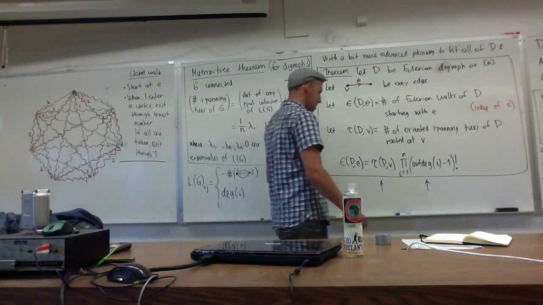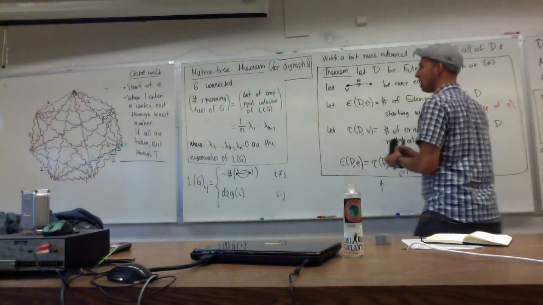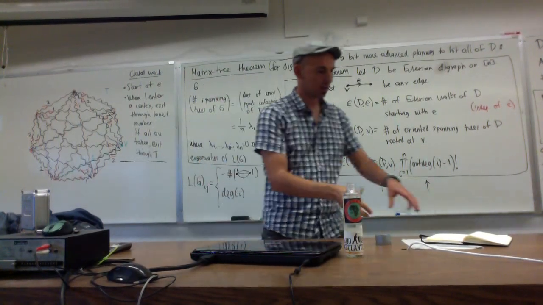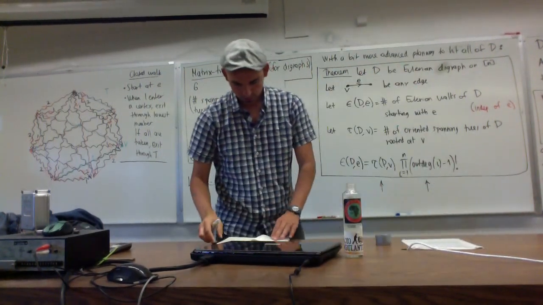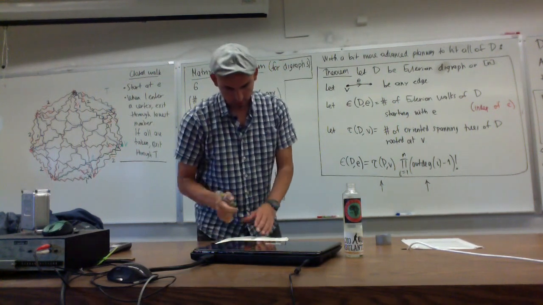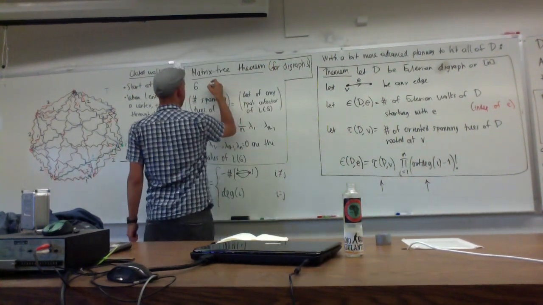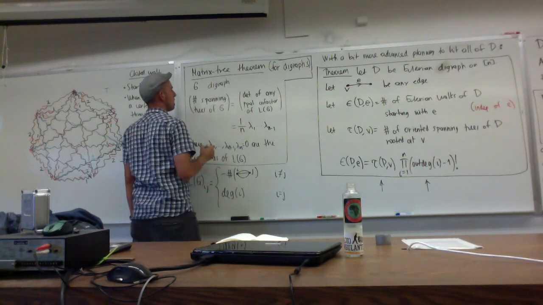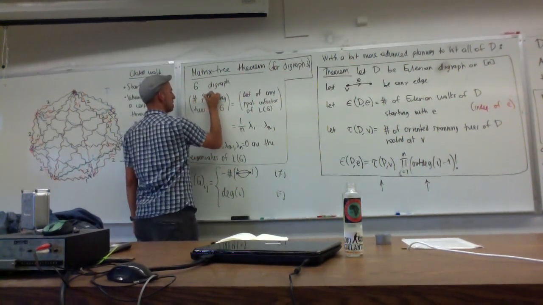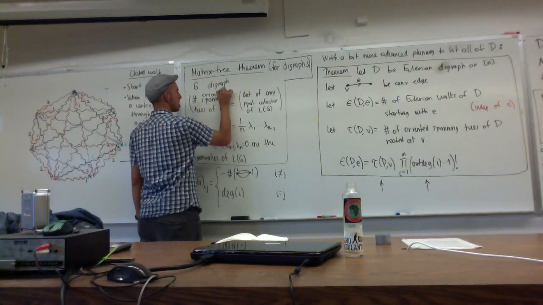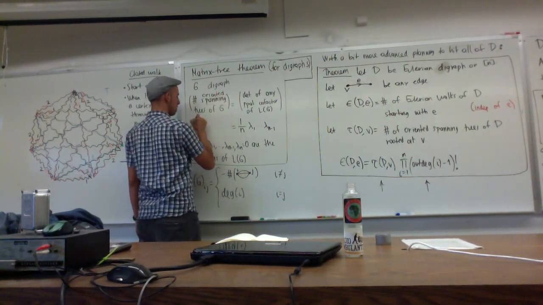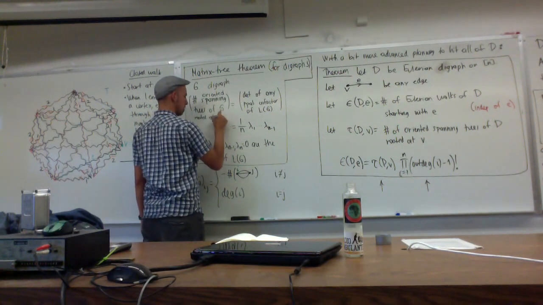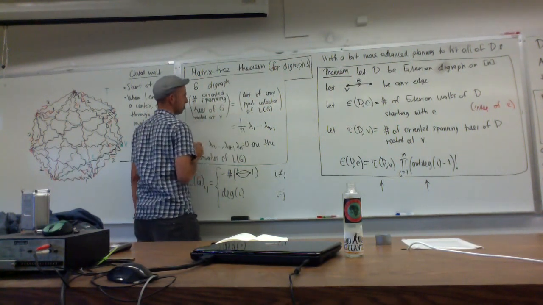So now, instead of this, let me say that G is a directed graph. And now we want to count the oriented spanning trees of G rooted at v. Okay?